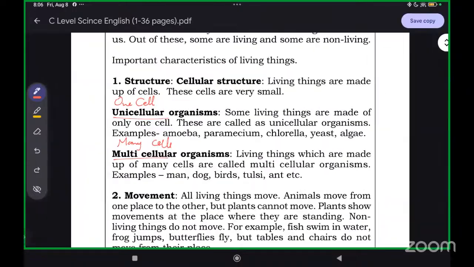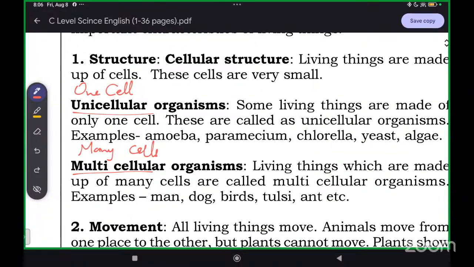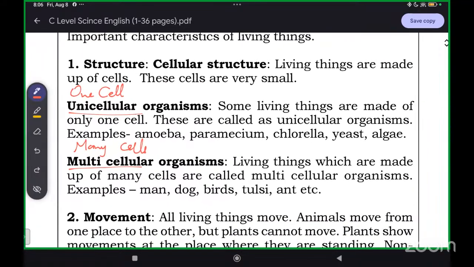In our main book, probably not. They have given movement, growth, excretion, death, I remember. But the cellular structure, I cannot remember that they've given.